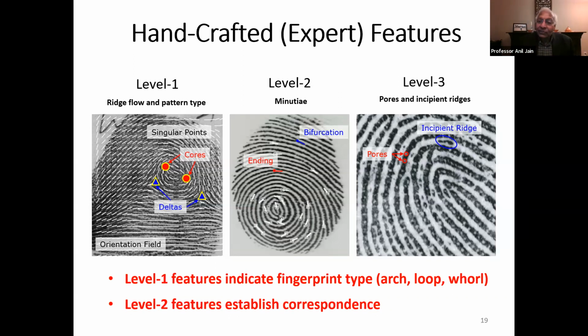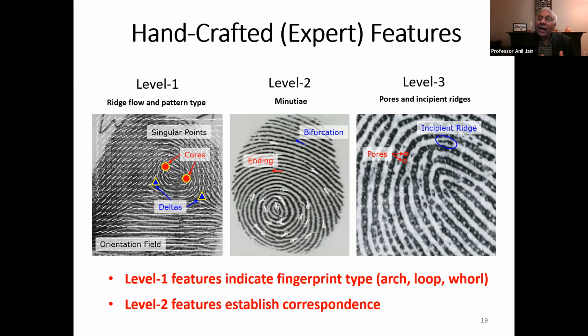In fact, there was the Henry system of classification, which identified 17 different types. But I would say about 99% of the fingerprints belong to arch, tented arch, left loop, right loop, and double loop. So level 1 features are primarily telling you the type of the fingerprint, and level 2 features establish the correspondence between the 2 fingerprint images, and that establishes the matching score.